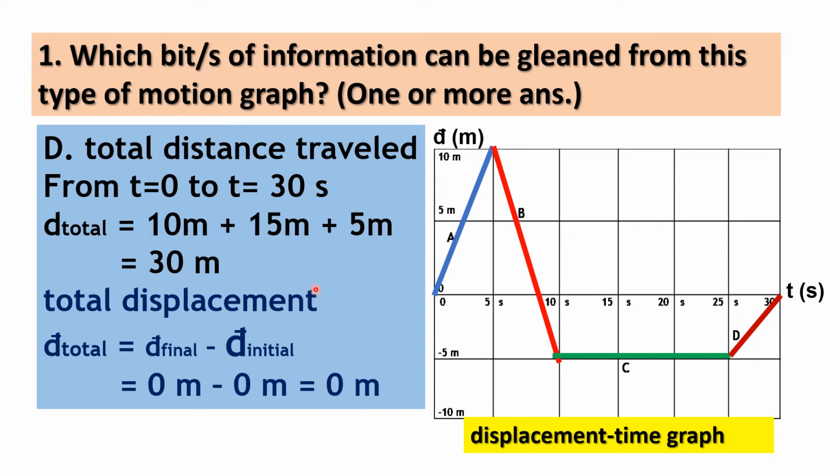Both total distance as well as total displacement may also mean just the distance traveled within a certain time interval. It doesn't have to be the whole journey. Those sorts of information pertaining to distance traveled and displacement within a time interval can also be determined from a displacement time graph.